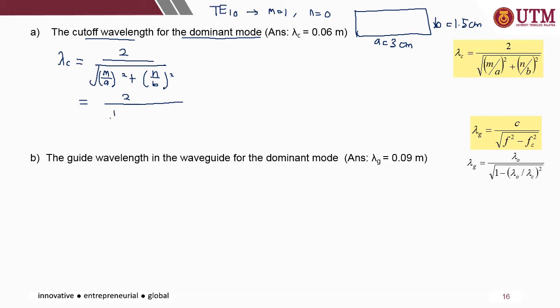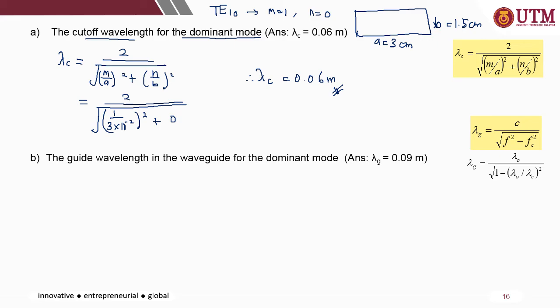So M equal to 1 over A, 3 times 10 to the power of minus 2, squared, plus 0 because N equal to 0, square root. So you should get your lambda c equal to 0.06 meter.